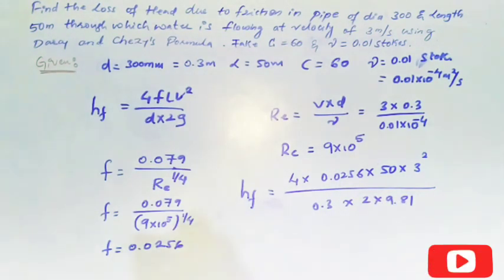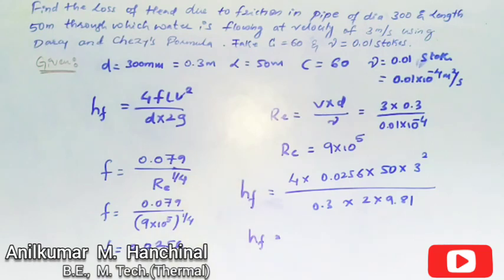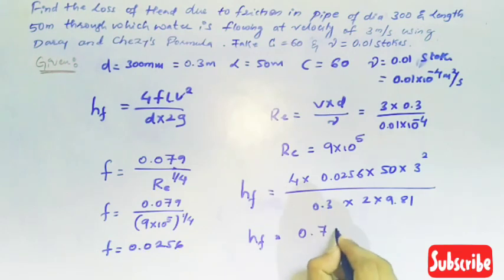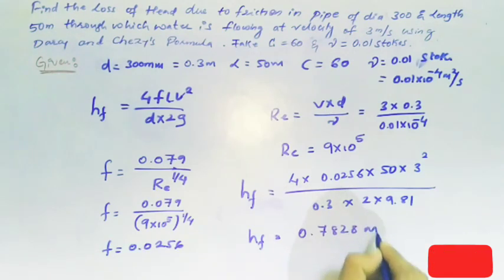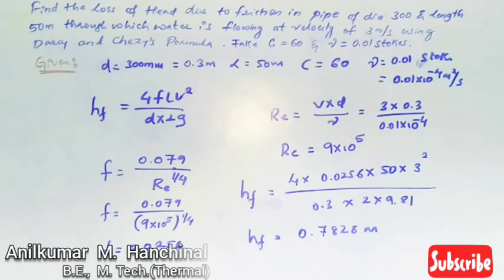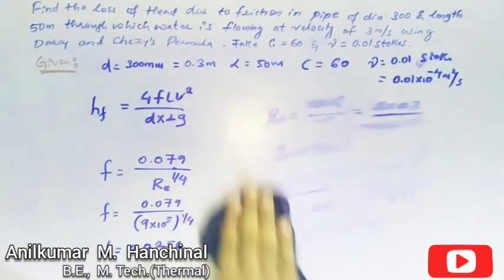Now if you simplify this one, the head loss due to the friction by using Chezy equation, you will get around 0.7828 meter. Now this is the loss of head due to the friction by using Chezy formula. Now let us solve the same problem by using the Darcy formula, the Darcy equation.